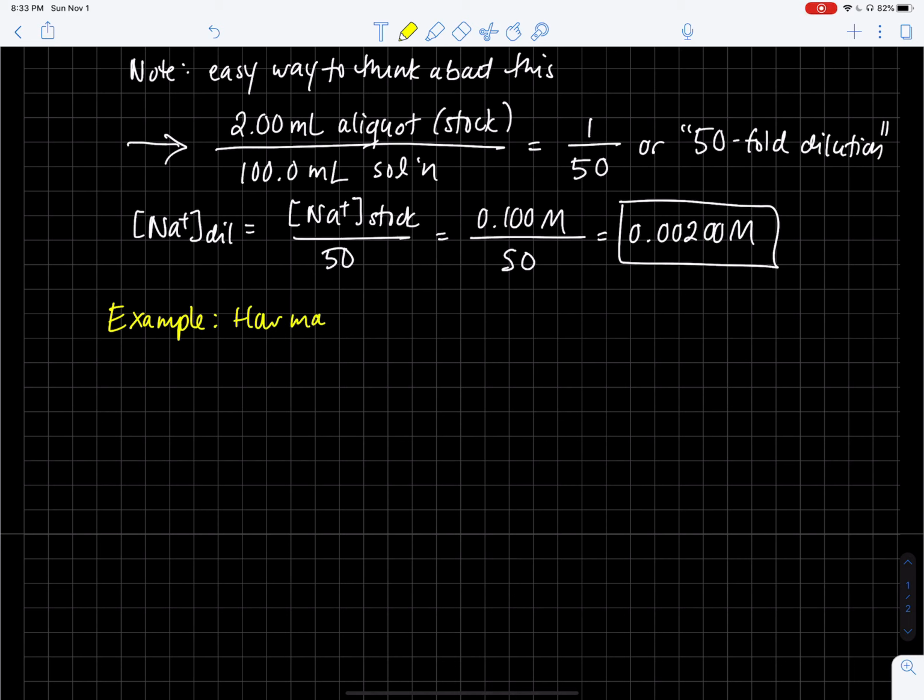Often, if you're in the lab and you need to make a dilution, you want to answer a question more like this example.